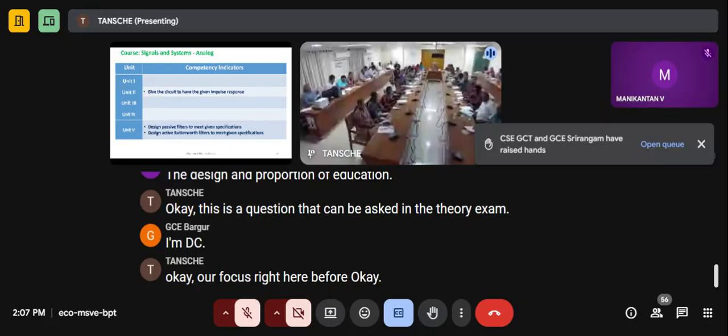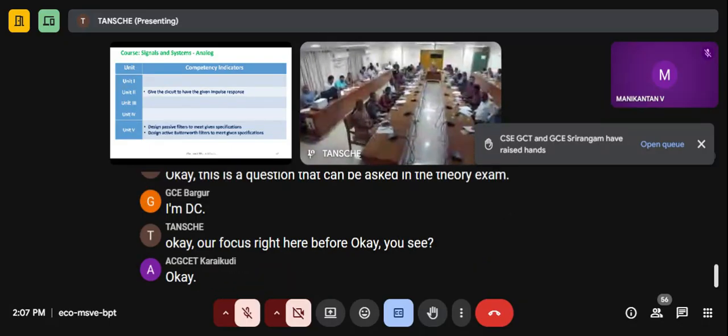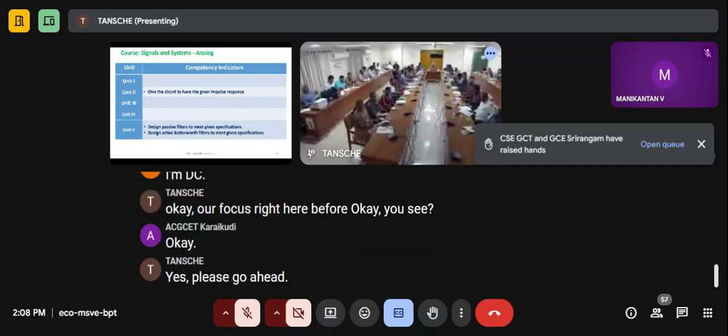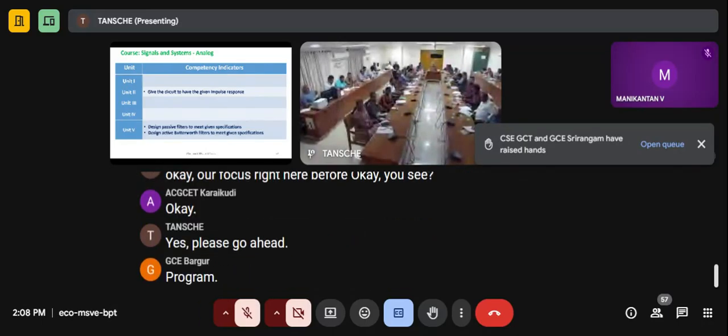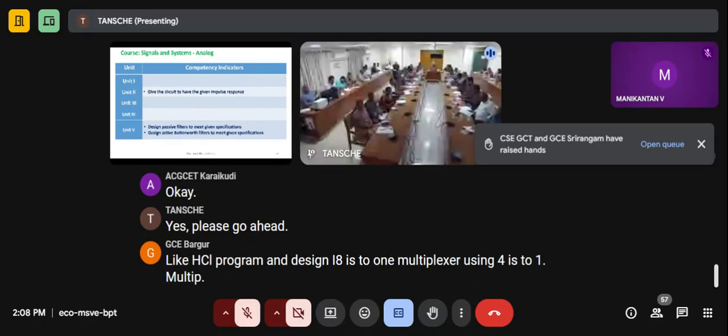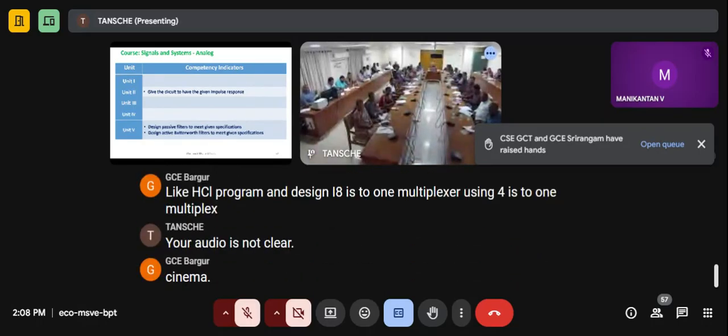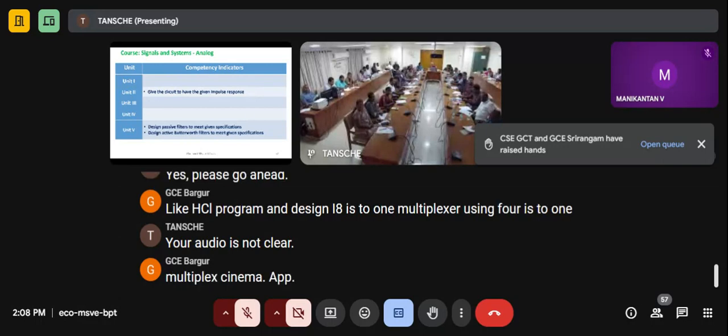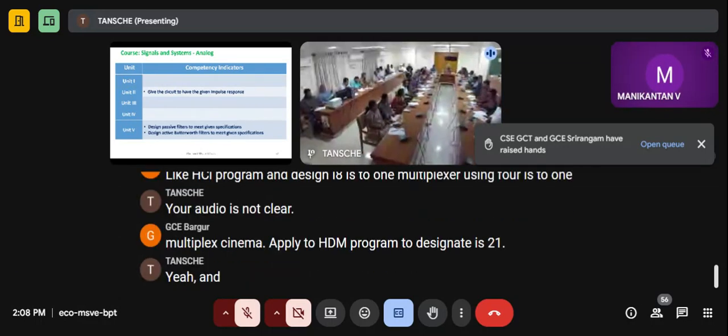Okay, GC Bagur. Yes, please go ahead. Write an HDL program and design an 8:1 multiplexer using 4:1 multiplexer. Your audio is not clear. Write an HDL program to design an 8:1 multiplexer. Yeah, don't make it so specific.